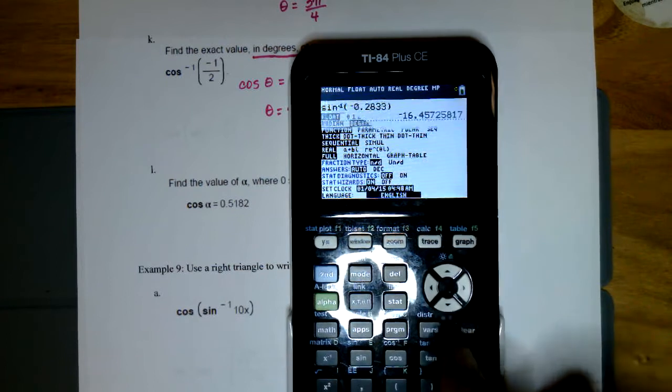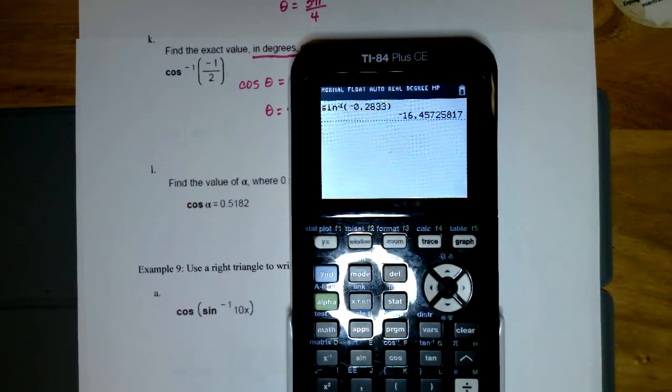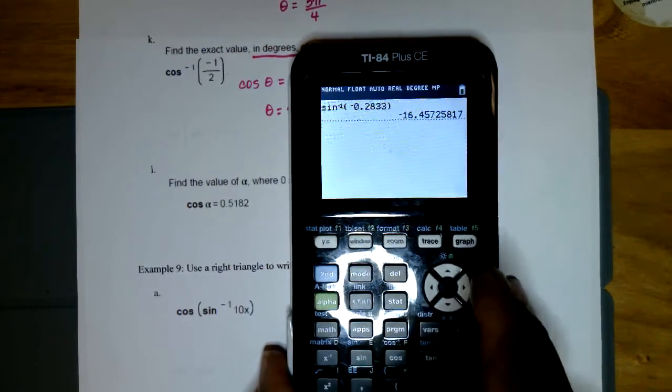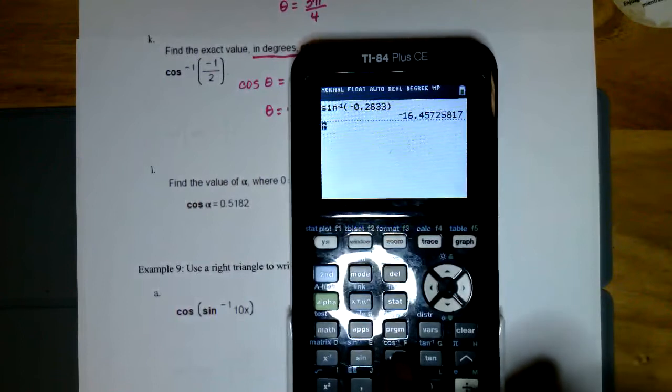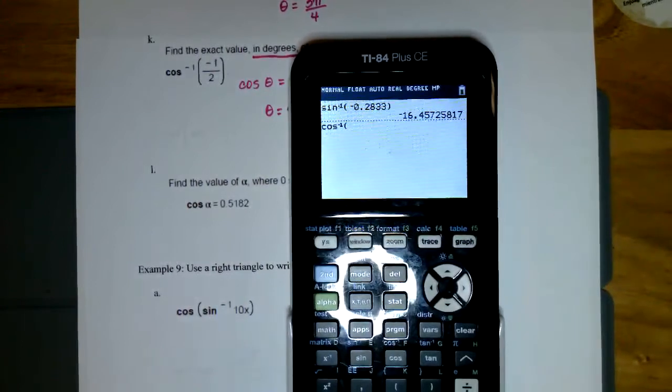And then I'll clear this. And then for the inverse cosine, which is what we want, we press second and the cosine button for inverse cosine, and then type in 0.5182. Close parentheses, hit enter. So here is our answer in degrees.